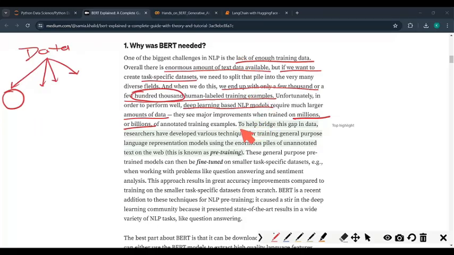Now, to help bridge this gap in the data, in this training, in the capability of these models, researchers have developed various techniques for training general purpose language representation models using the enormous pile of unannotated text on the web. This is called pre-training.